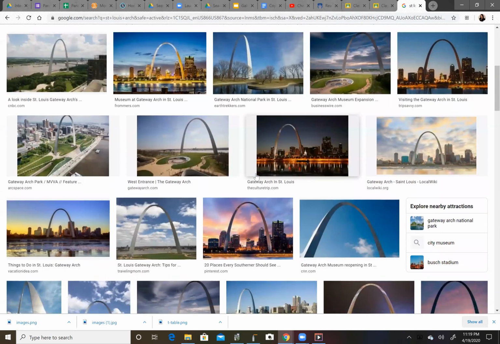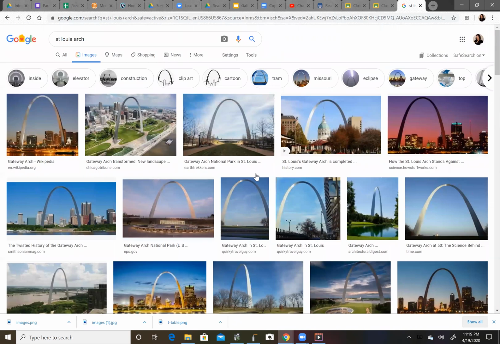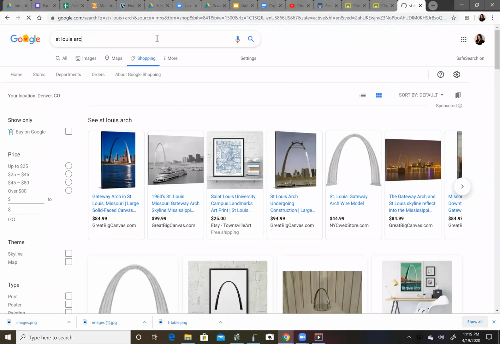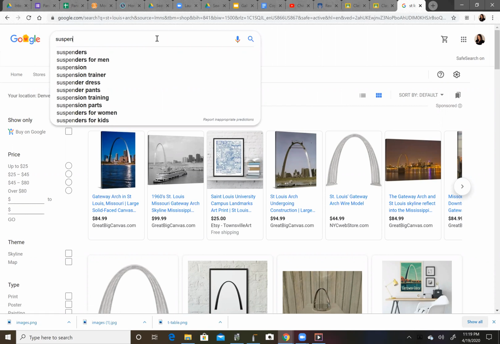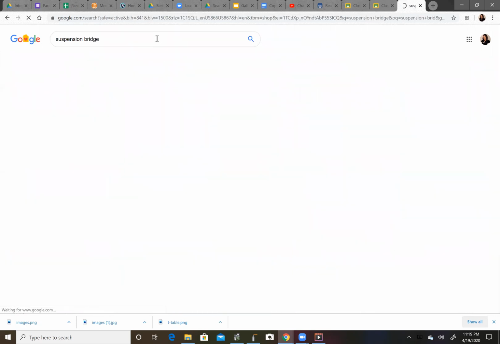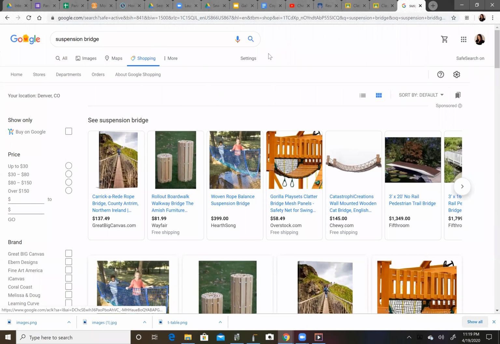And really, if you guys are trying to pick a good parabola, an arch is always a good parabola, or also a good parabola is a suspension bridge, any kind of suspension bridge, because it's going to dip in the middle, that parabola.